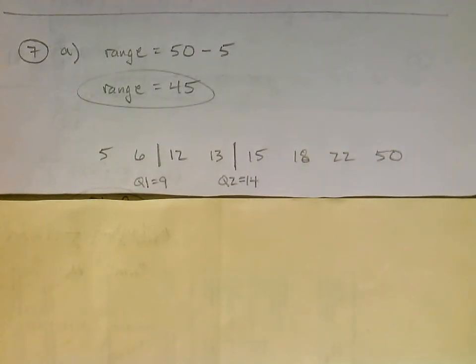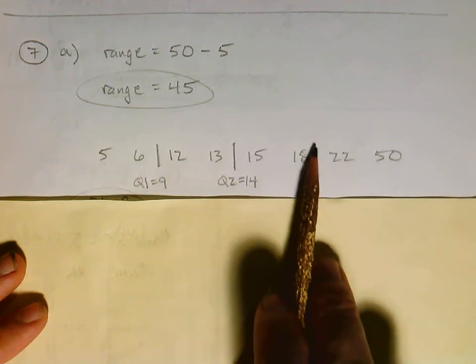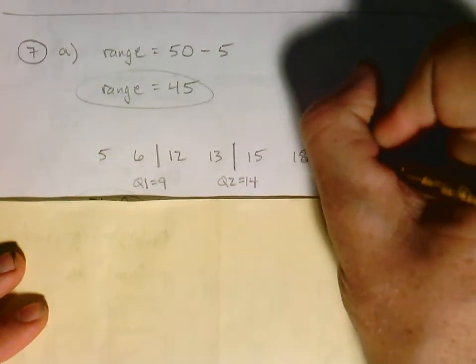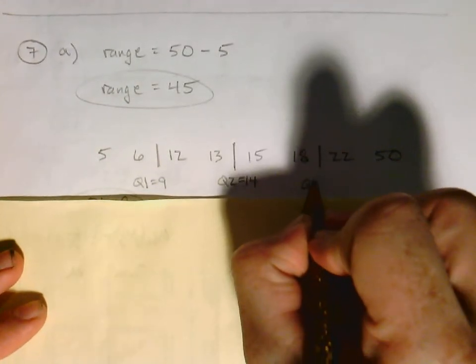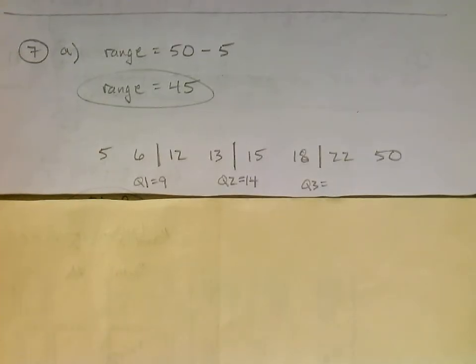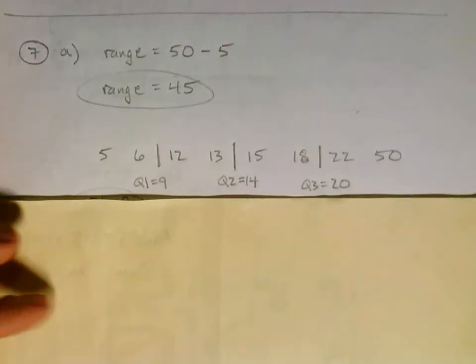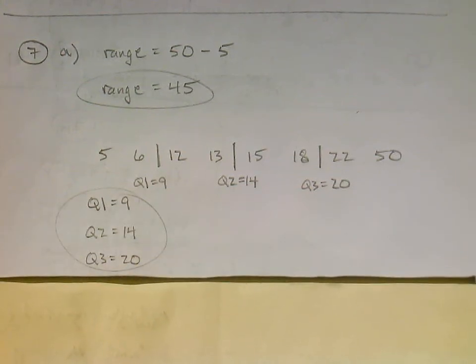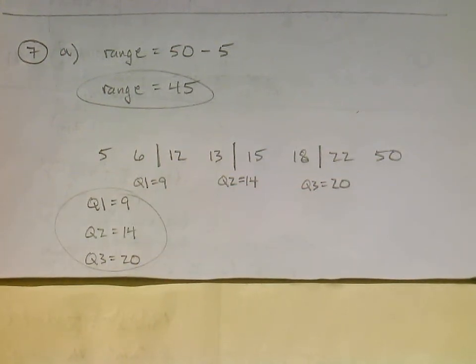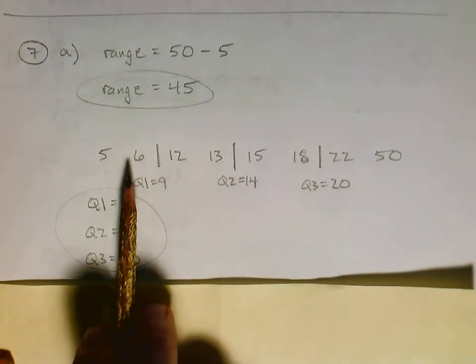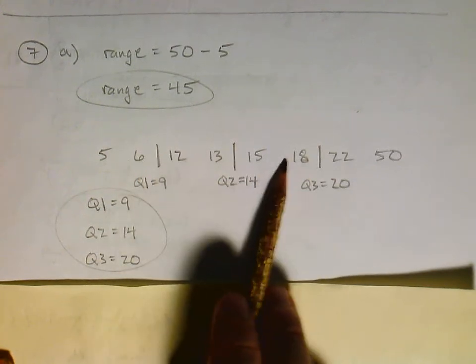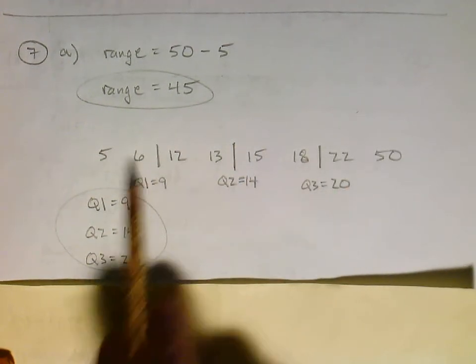All right. And to get Q3, we're going to look at the upper half and divide that. There's Q3 right there. Well, what's halfway between 18 and 22? Got to be 20, right? And so there are the 3 quartiles. Q1 equals 9, Q2 equals 14, Q3 equals 20. And you see we have divided this into 4 equal parts. 1, 2, 3, 4. Each of them has 2 data values.